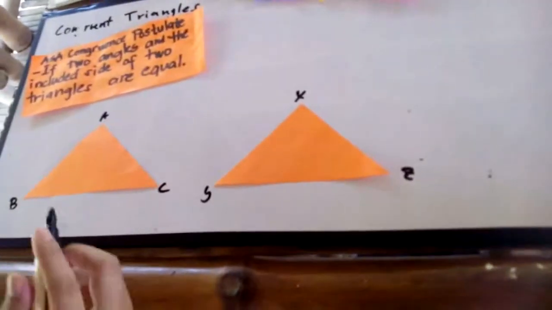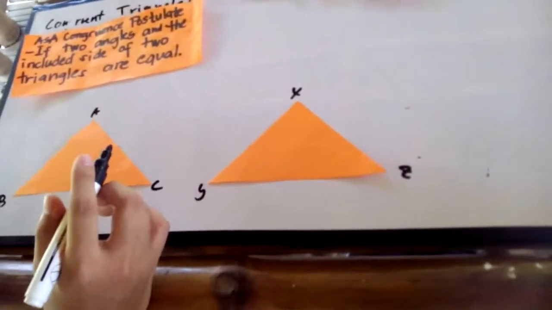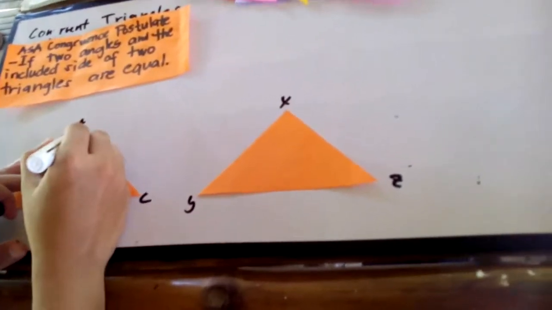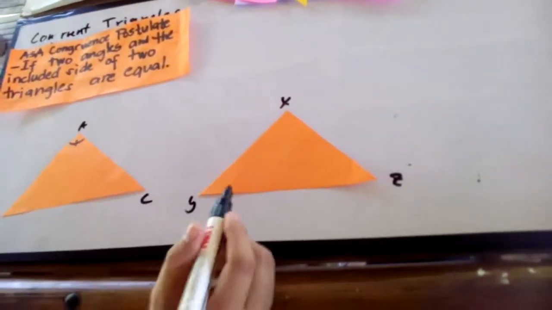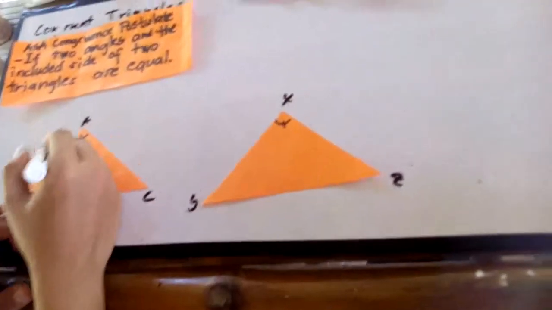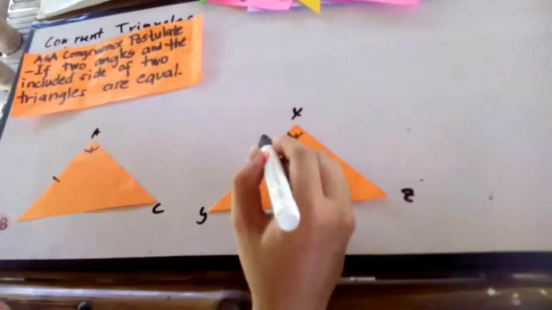Here, basically, we have to choose an angle. Angle A is our base. Angle A is congruent to angle X. Side AB is congruent to side XY.